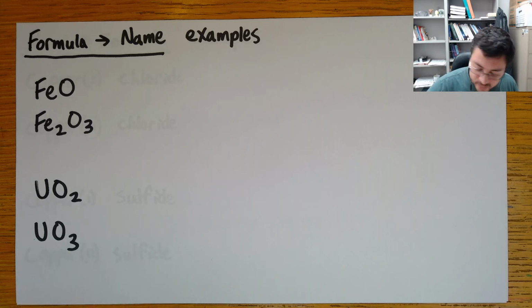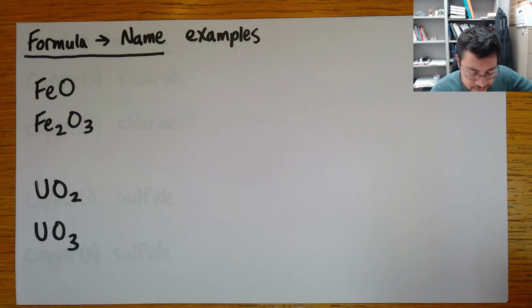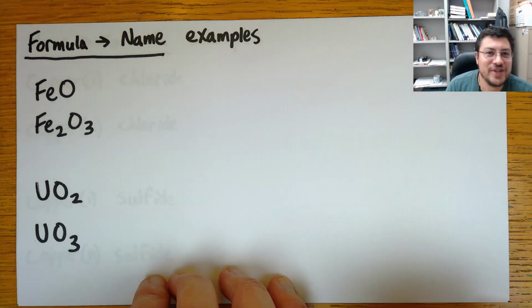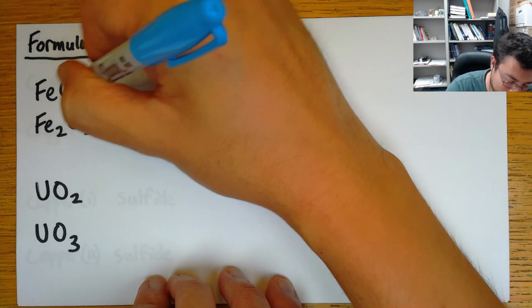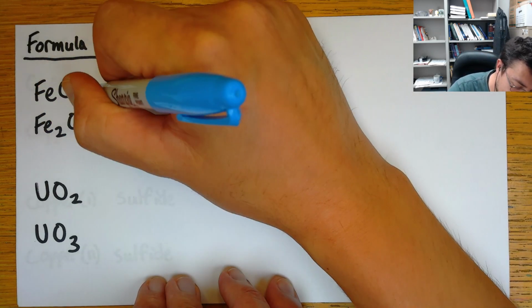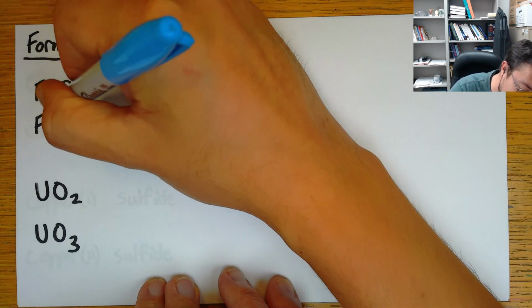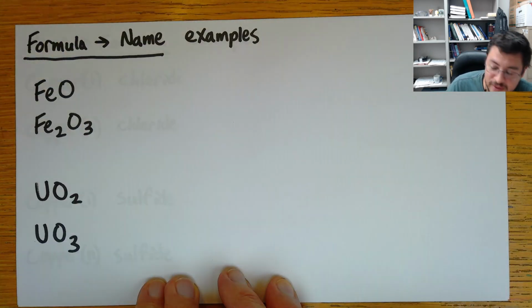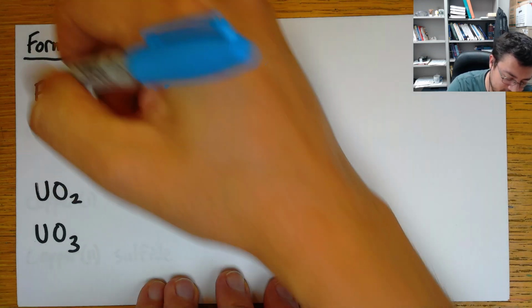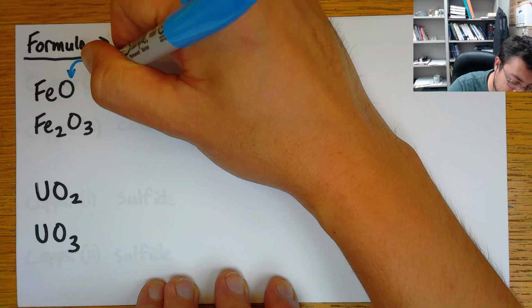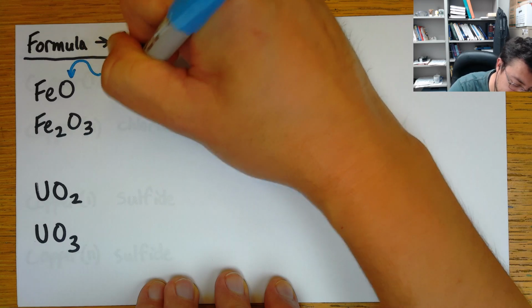All right, so first up, we got FeO. We have to figure out what charges are here. When I see an ionic compound with a metal with more than one charge possibility, I always look at the anion first.